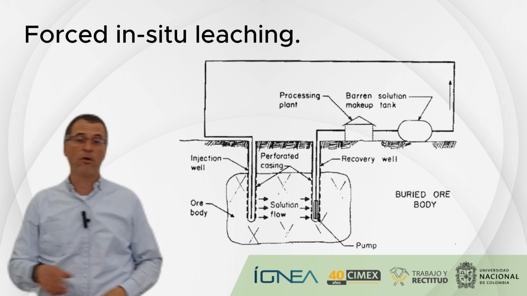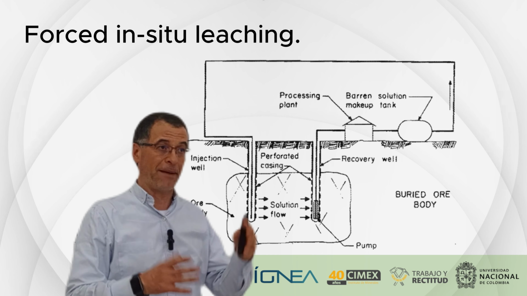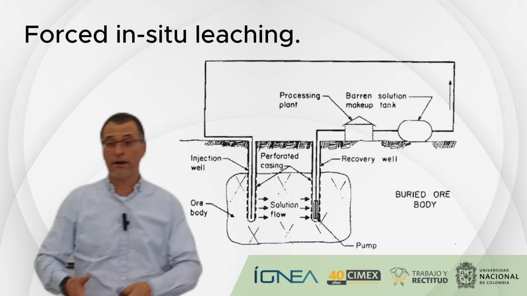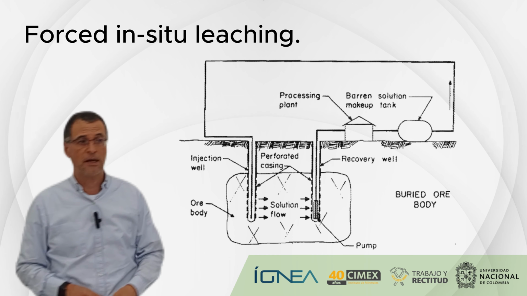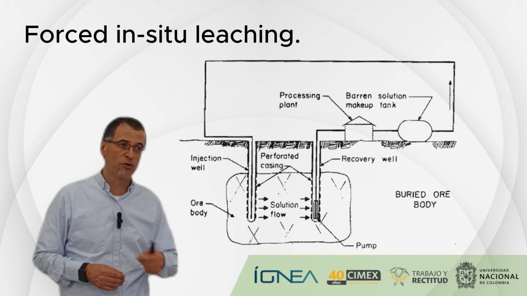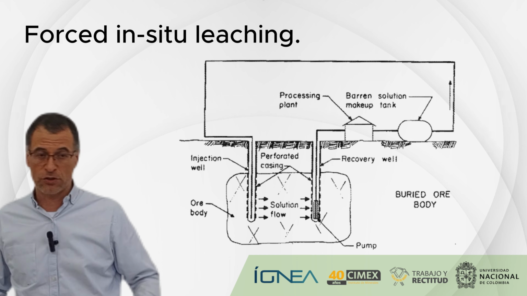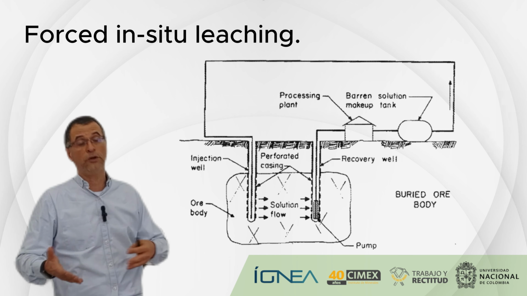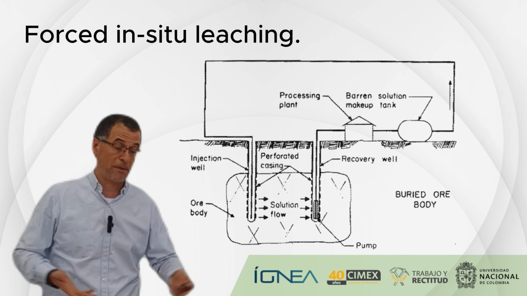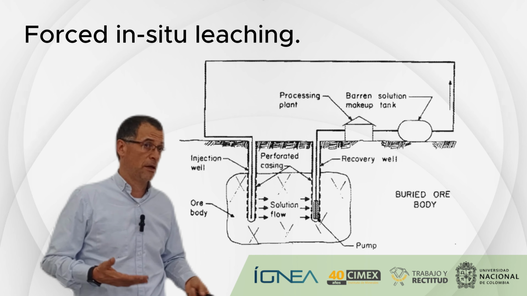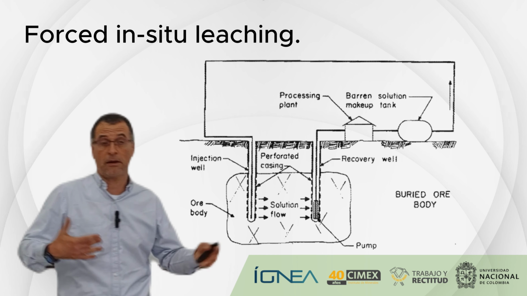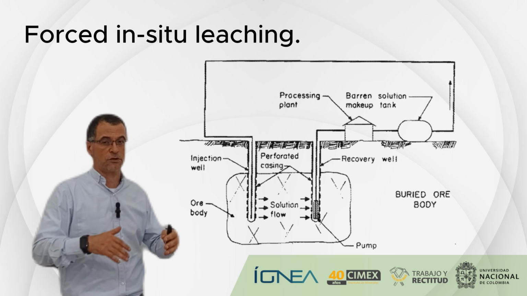This is a very common method used in uranium extraction nowadays. It's important that you need some special conditions in order to use this method, because it's relatively easy, but you need the conditions to do it.